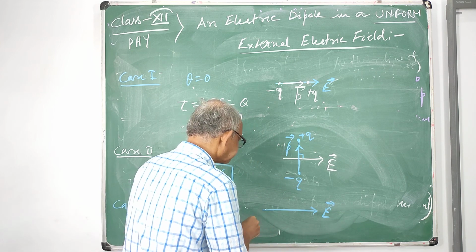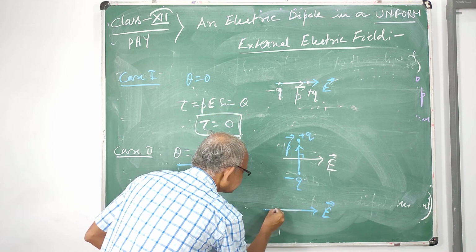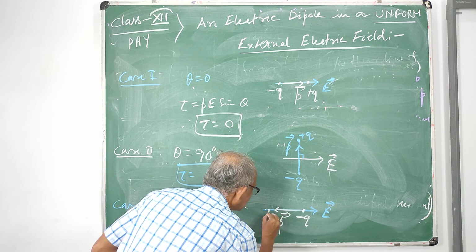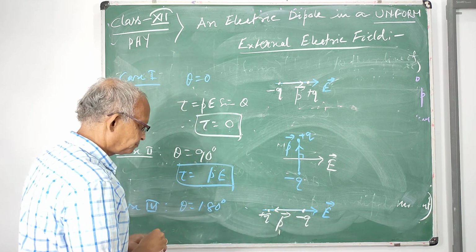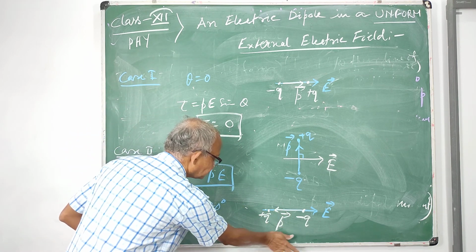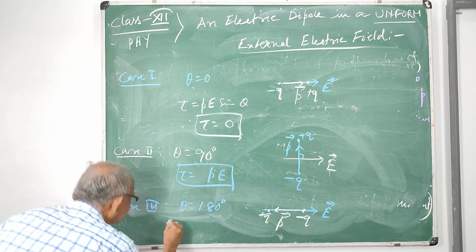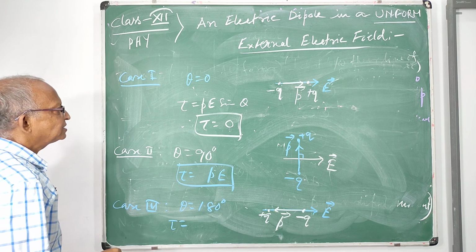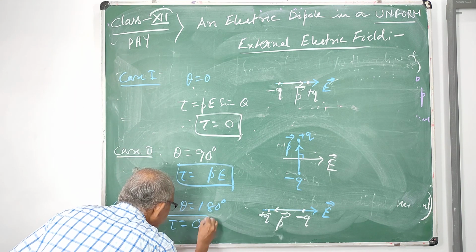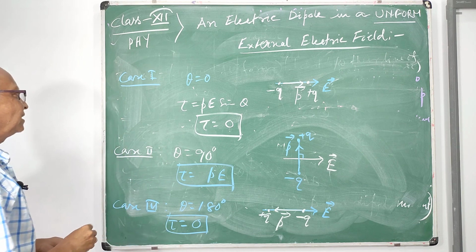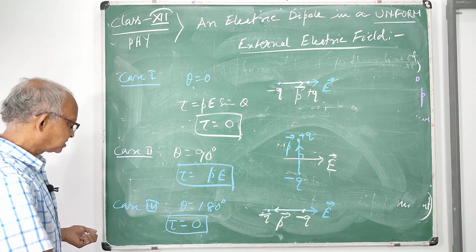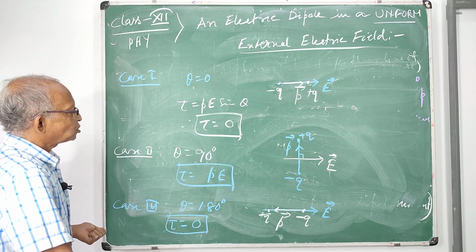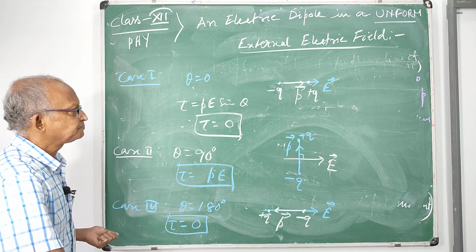This is E and this is P, with minus Q and plus Q. Then what is tau here? Sin 180 is again 0. Now, in both the first case and the third case, the torque experienced by the dipole is 0.